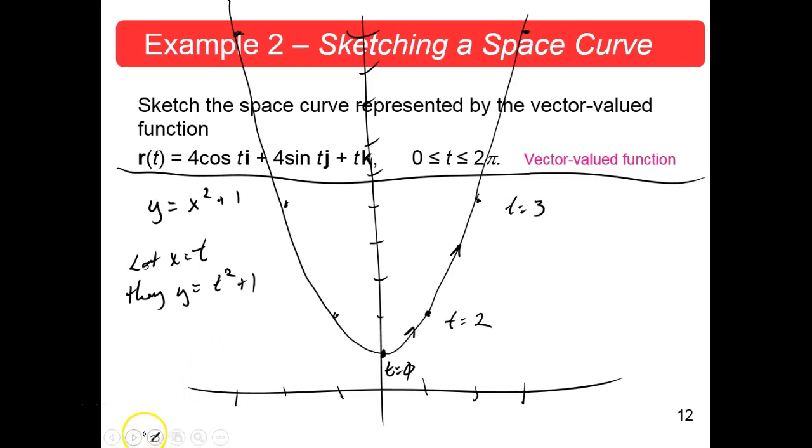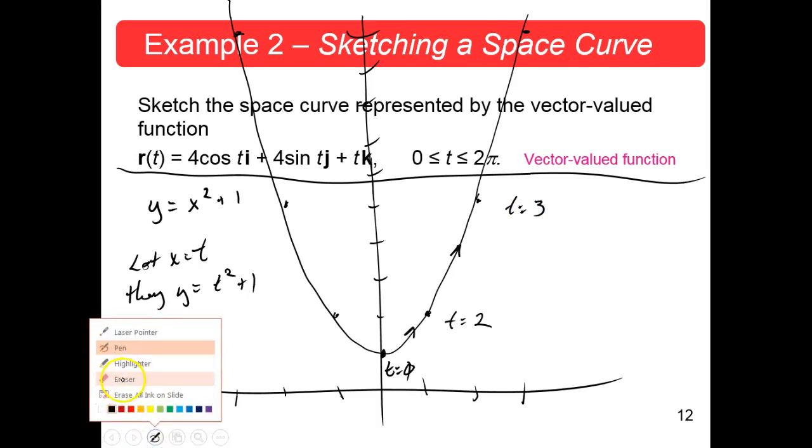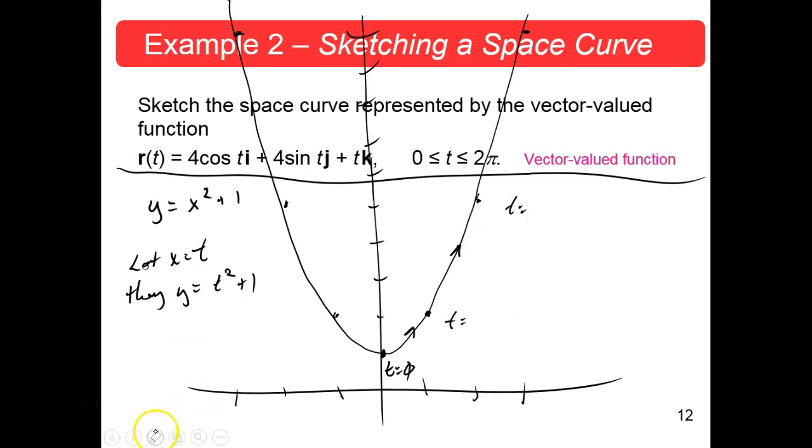No, I'm sorry. 1 and 2. One and 2, okay, and then this would be t equal 3. This would then be t equal minus 1, because you're minus 1 on x and 2 on y. So this would be t is equal to minus 2 and t is equal to minus 3. So sure enough, you're going in that direction, increasing t.